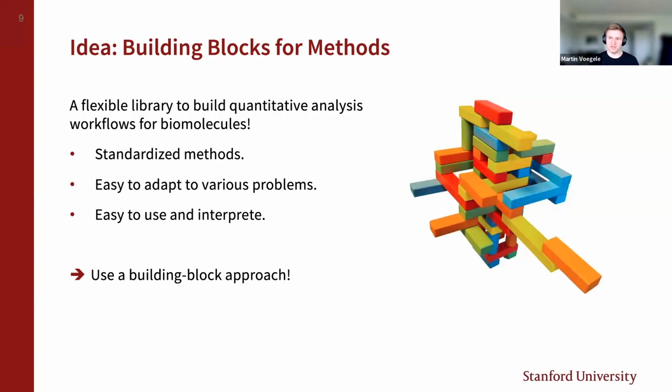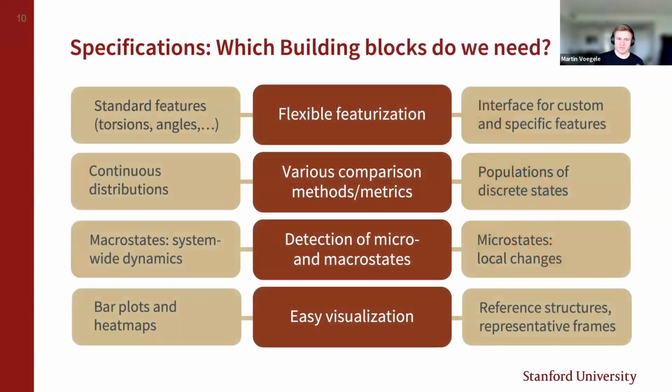So we want to keep it interpretable. We were thinking of it as a building block approach. And now that we know which approach we want to use, we had to specify which building blocks we want to provide in our library.